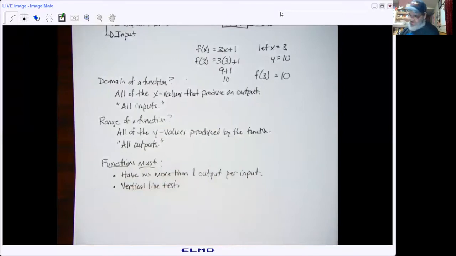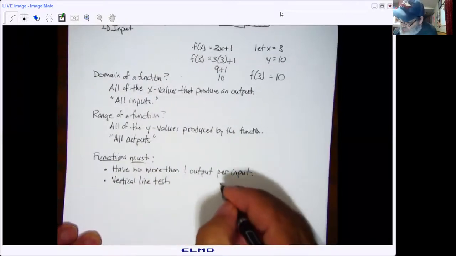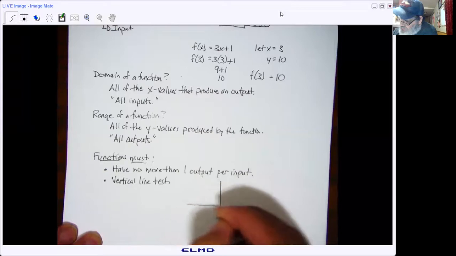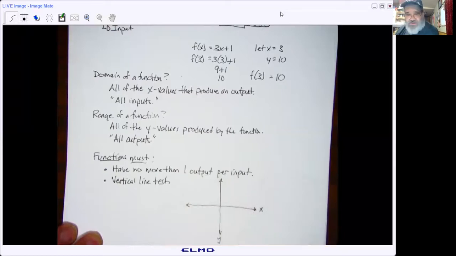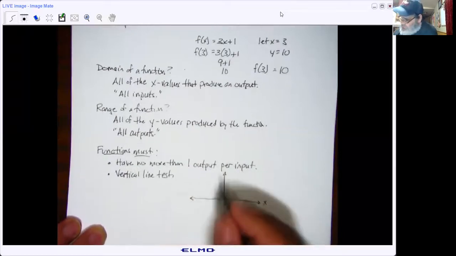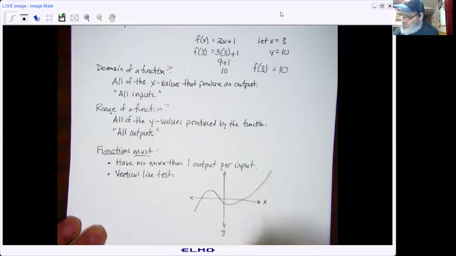So let's take a function. Let's just go ahead and make up a function. I'm just going to draw a graph here. This is my y-axis. This is my x-axis. And I'm just going to draw some basic function like this.